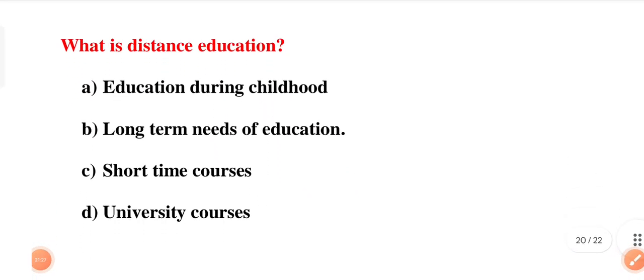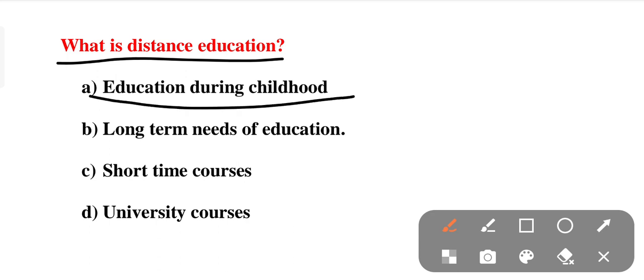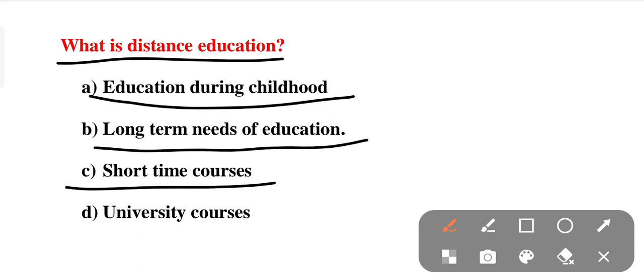So the next question is, what is distance education? What is the meaning of distance education? Option A, education during childhood. Option B, long term needs of the education. Option C, short term time courses. Option D, university courses.